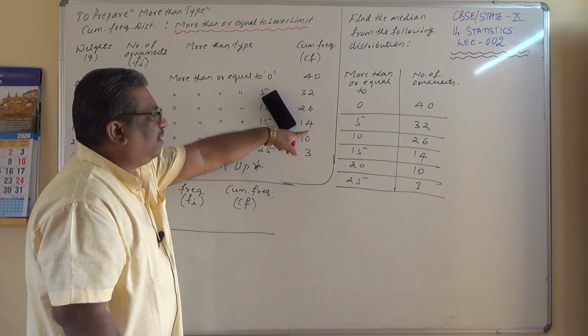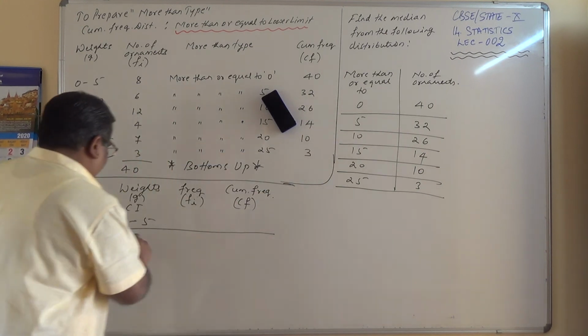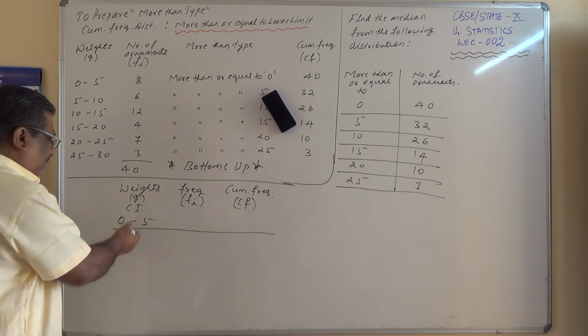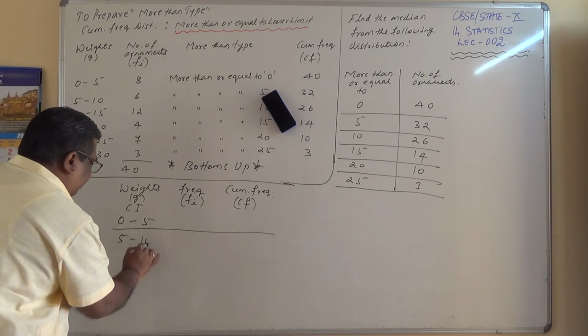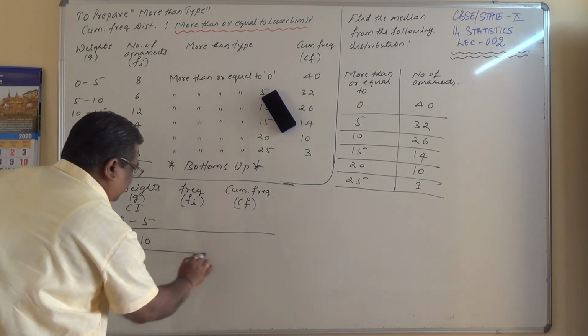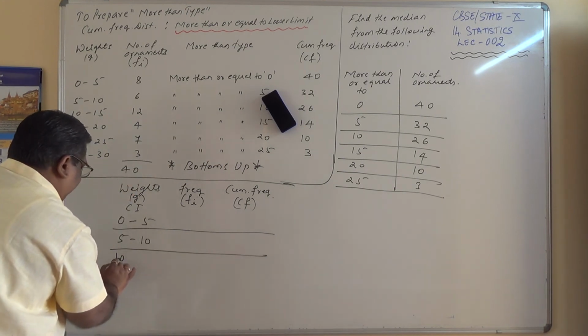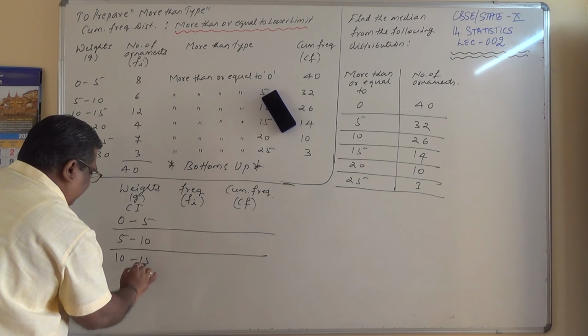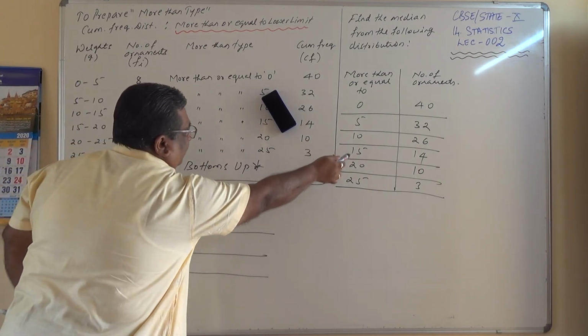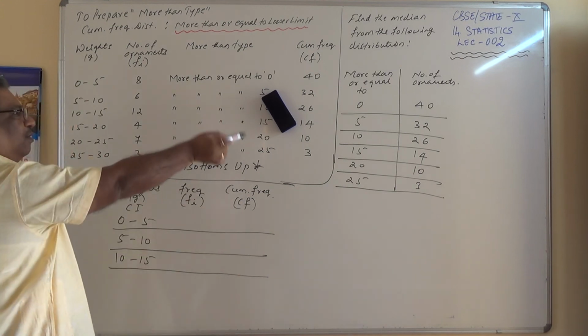Next, more than or equal to, lower limit is 5. Upper limit, add a 5 to that one, that is the class size to the lower limit. 10. Next, lower limit is 10. Add 5 to this one. 15. Next, more than 15. More than lower limit.